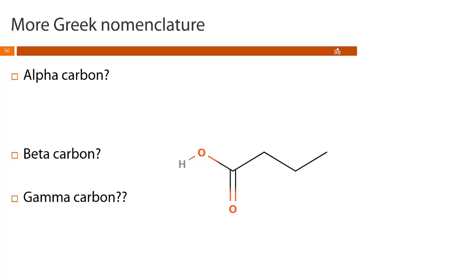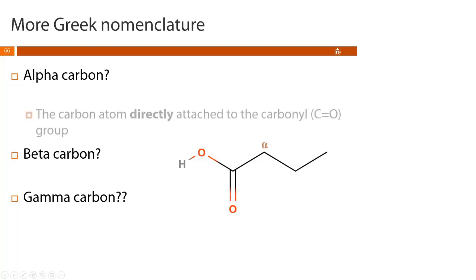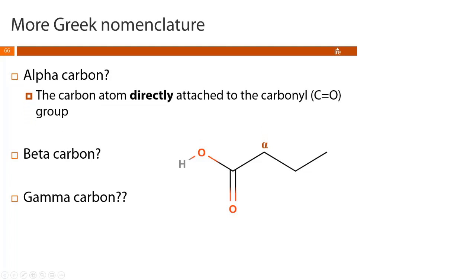So when we talk about carboxylic acids, we often refer to the alpha carbon, the beta carbon, the gamma carbon, and so on. So in case you didn't know, alpha, beta, gamma, those are the first 3 letters of the Greek alphabet. And when we're talking about carboxylic acids, an alpha carbon is going to be the carbon directly attached to the carbonyl. And then from there, we're just going to go in order of the Greek alphabet.